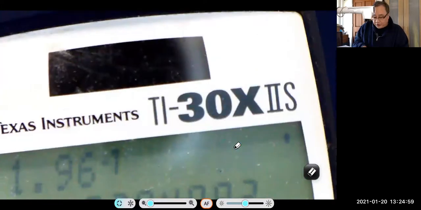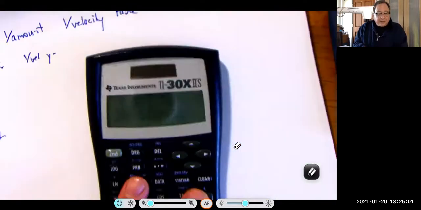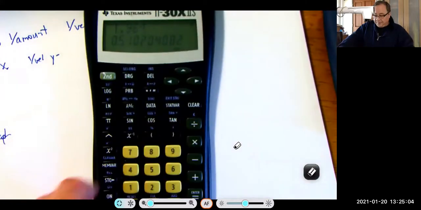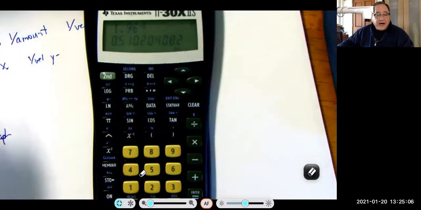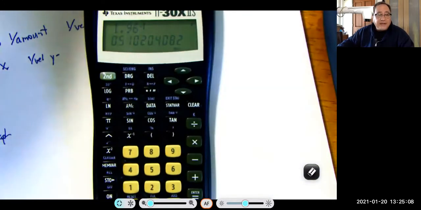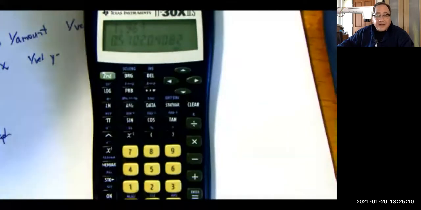And I'm trying to zoom out so you can see the buttons that I'm about to push. And I'm going to go back to that one screen. You'll still see my calculator, but I'll see that screen. And I'm going to look at the actual number.